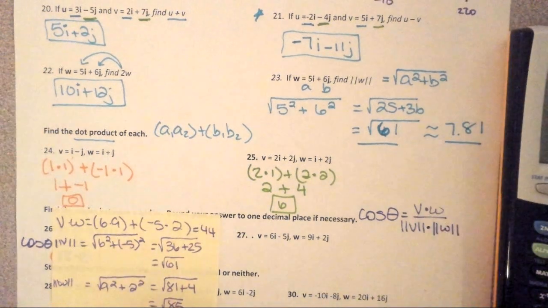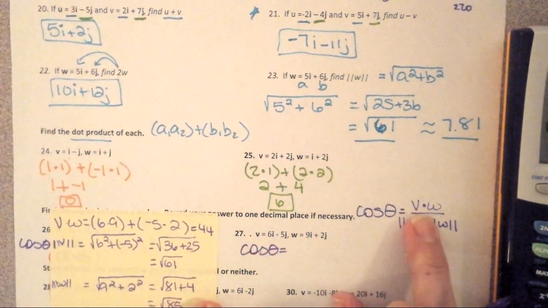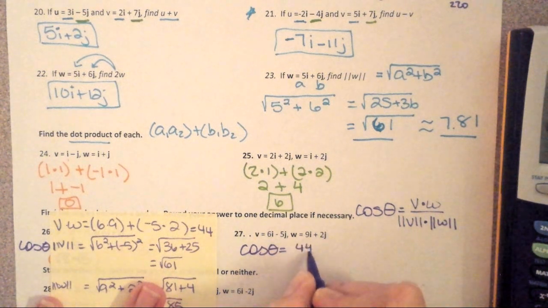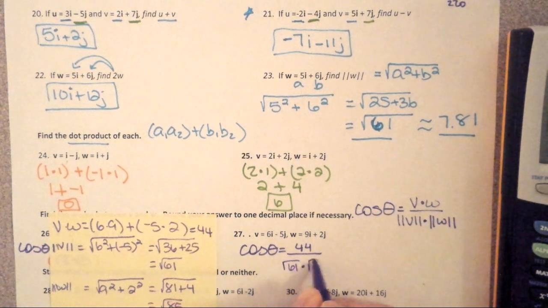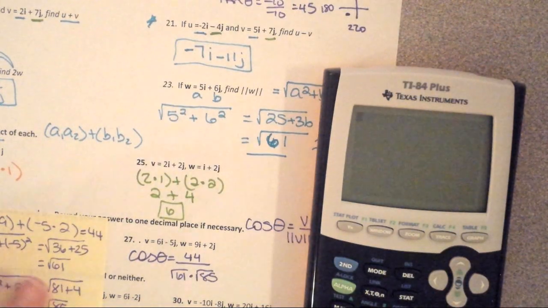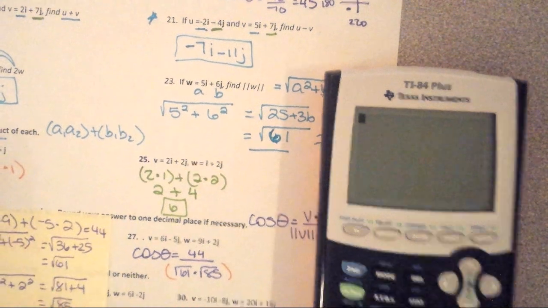Alright, so we're going to go cosine theta equals, we're going to put the dot product answer on top. So we have 44 over the magnitude of V times the magnitude of W. We're going to go to our calculator. Okay, now don't forget, again, the trick here is remembering the bottom needs to go in parentheses when you type it in.